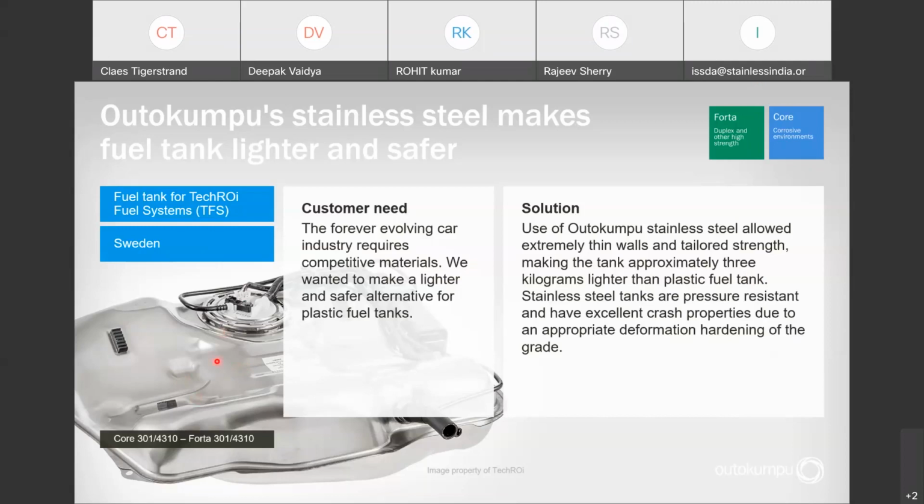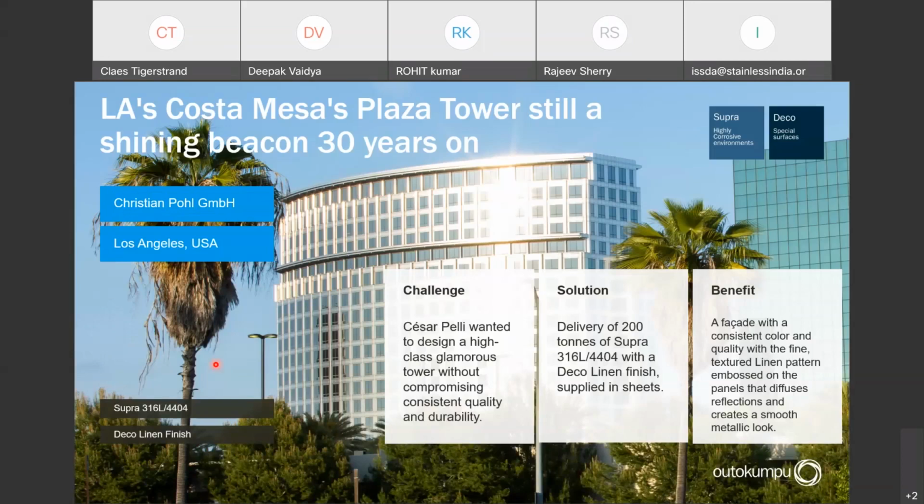So utilize the good formability and convert it into strength, and you can have a very thin structure, a very complex shape of a fuel tank for a car by using the good properties of the 301 type of grade.